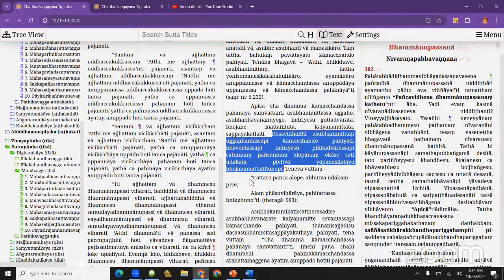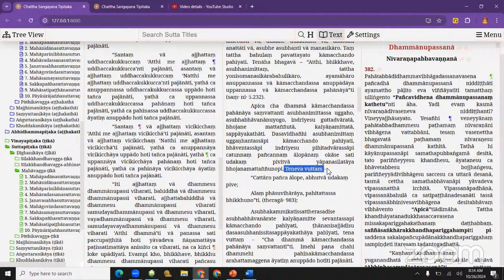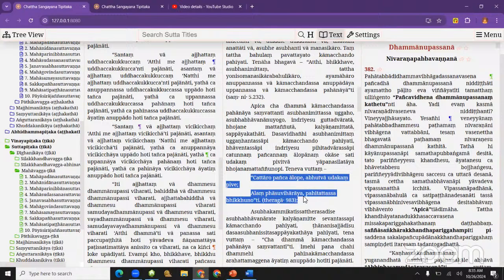Therefore, because of that reason, it was said in the Theragatha by our Sariputta Maharahant, Cattaro panca ale pivitva udakam pive, alam phasu viharaya pahitattassa bhikkhuno. What is the meaning? When the meditator could eat another 4 or 5 morsels, he should drink water instead, right?